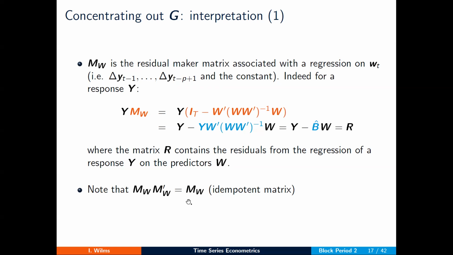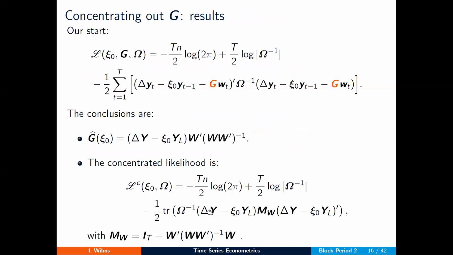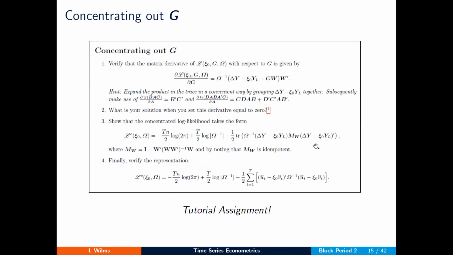Now, can we further simplify our concentrated log likelihood with this matrix? Well, yes, you will also verify that in the tutorial assignment. And if I scroll back to the assignment over here, then you will see that if you bring in this matrix MW, you're essentially pre-multiplying this MW with the series in differences.